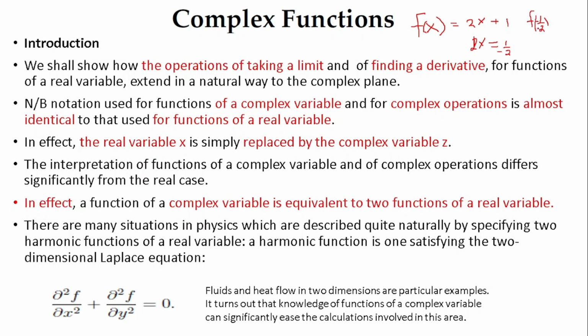The same way we are taking minus 1 over 2, we can do, say, find f of z. We can also do the same by saying f of z is equal to 2z plus 1, right?